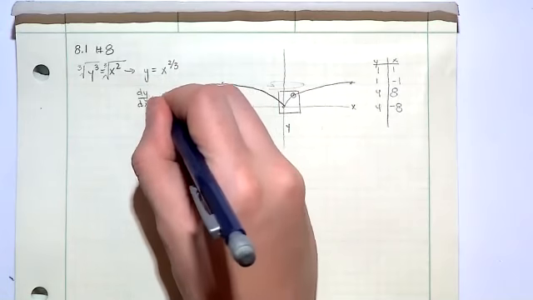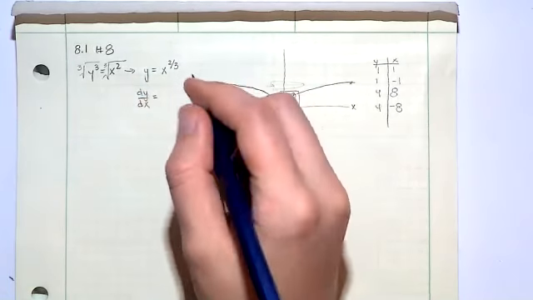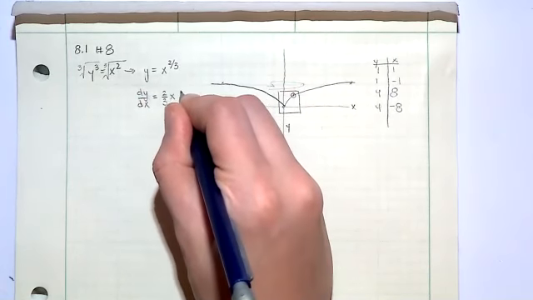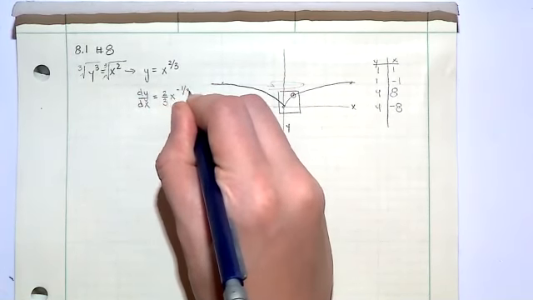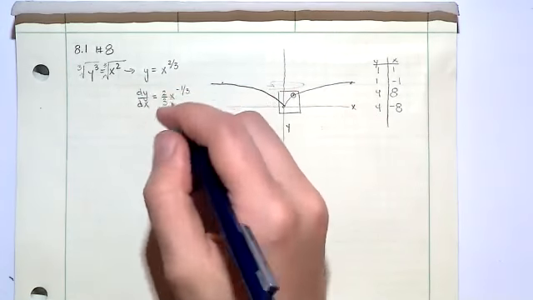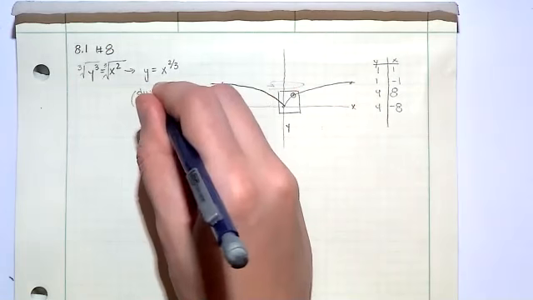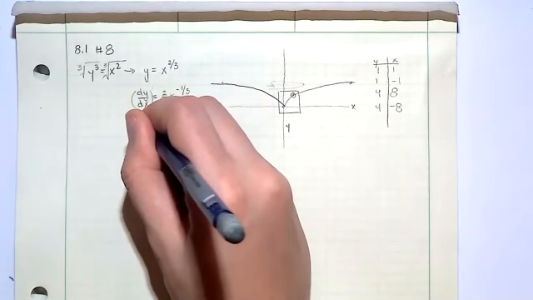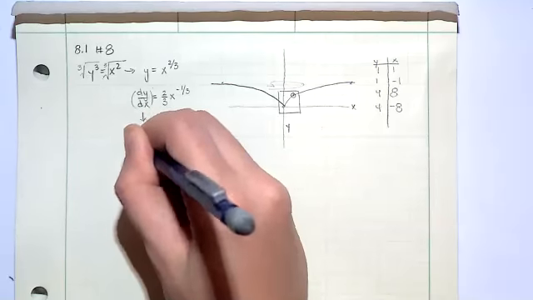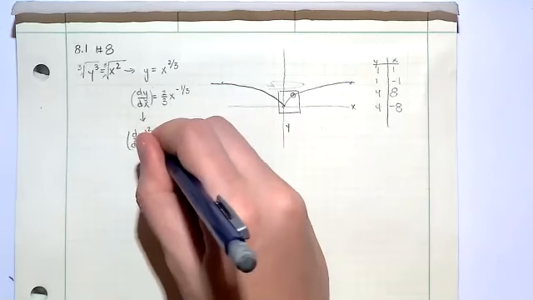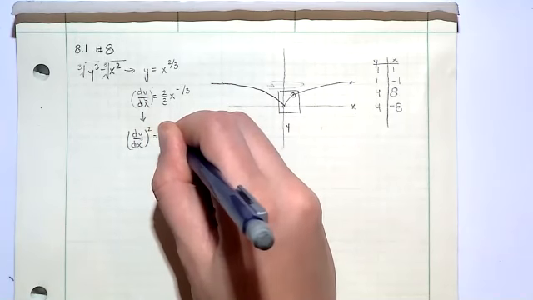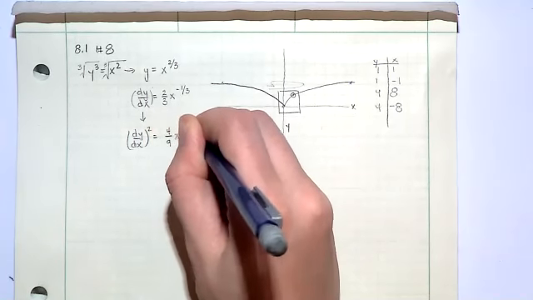then this would become 2/3 times x to the negative 1/3. Right? And then if we were to square it, our dy dx squared is going to be equal to 4/9 x to the negative 2/3.